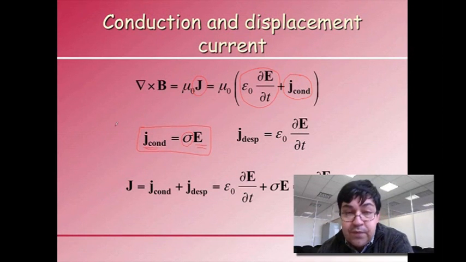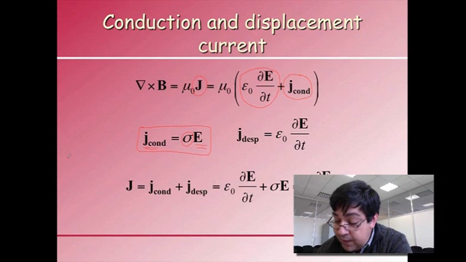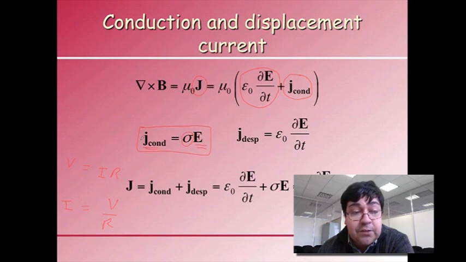If you recall, the regular Ohm's law that we all know from high school is just V equals I times R. We can actually make a detailed derivation, but you can right away tell that the current density is closely related to the macroscopic current that we observe in a circuit.